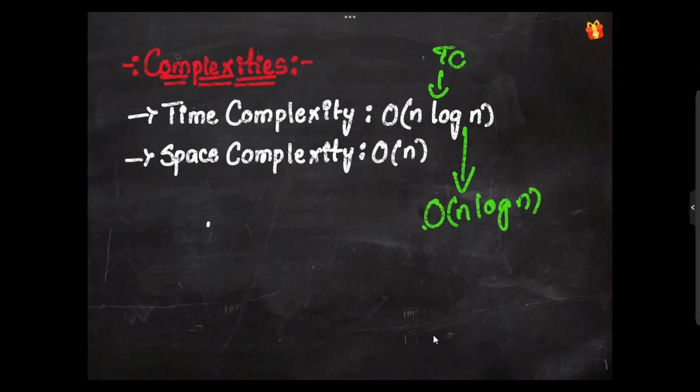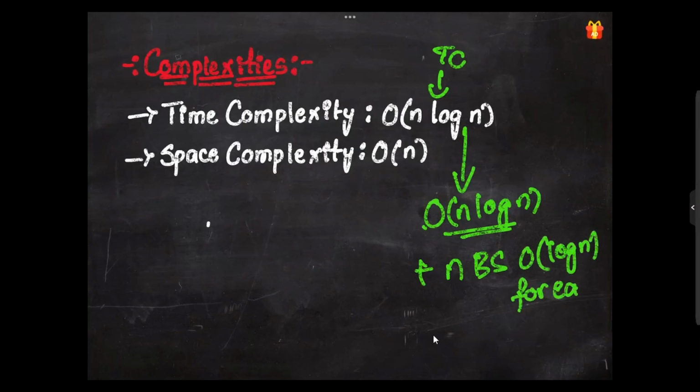Overall the time complexity would be big O of n log n, and we'll be making use of the binary search as well. So we will be performing n binary searches, which takes big O of log n for each step, right? So sorting plays the dominant factor, and overall time complexity would be big O of n log n itself, right? So this is fine.